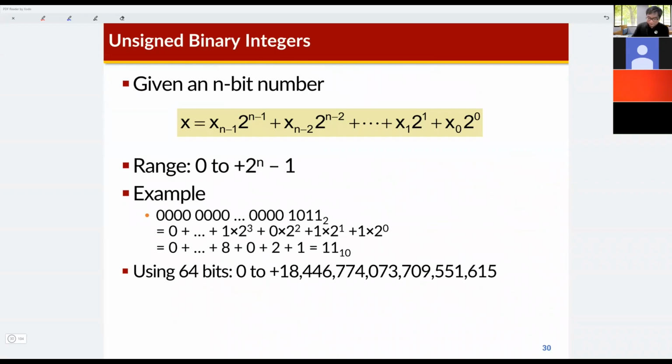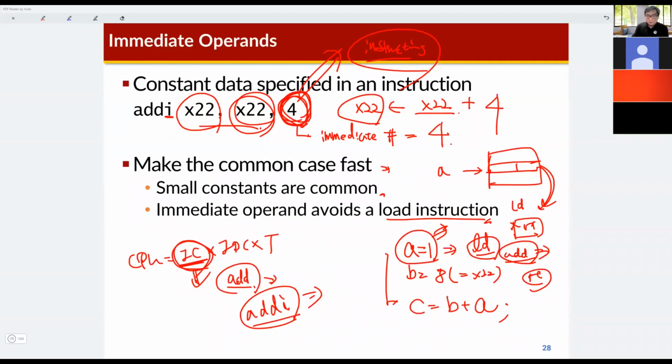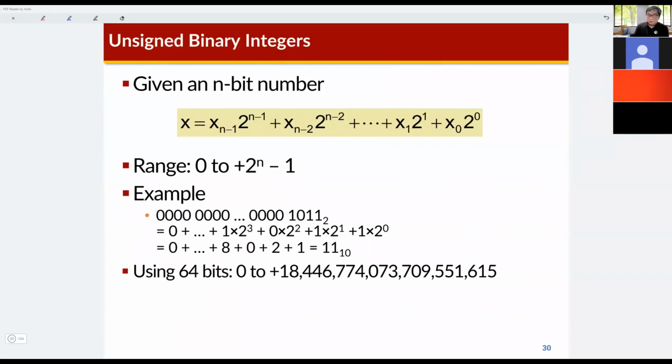Okay. And this immediate number should be represented as binary numbers. So we need to know how numbers can be represented as binary numbers. I think it's very simple.